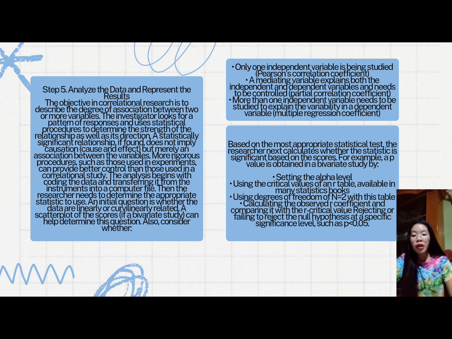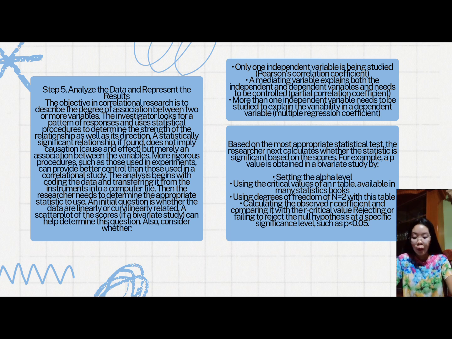Based on the most appropriate statistical test, the researcher next calculates whether the statistic is significant based on the scores. For example, a p-value is obtained in a bivariate study by setting the alpha level using the critical values of an R table available in many statistics books, using degrees of freedom of n minus 2 with this table, calculating the observed R coefficient and comparing it with the R critical value, rejecting or failing to reject the null hypothesis at a specific significance level.